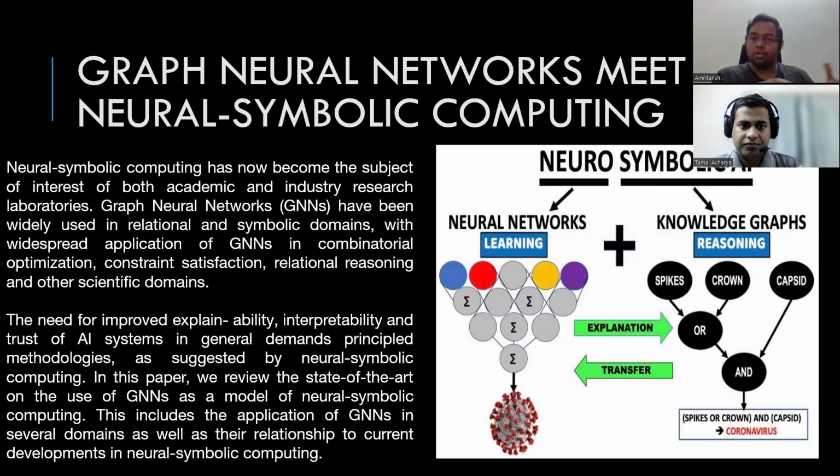The neural network could represent the right features. But at the end of the day, does it have spikes? Does it have a crown? Does it have a capsid? All of them can be merged, and we could explain, oh, look, we are looking at a coronavirus, right? This is something that will not be possible if you do not have a knowledge graph embedded. And again, creation of a knowledge graph very much means we are putting our own innate knowledge into play here.